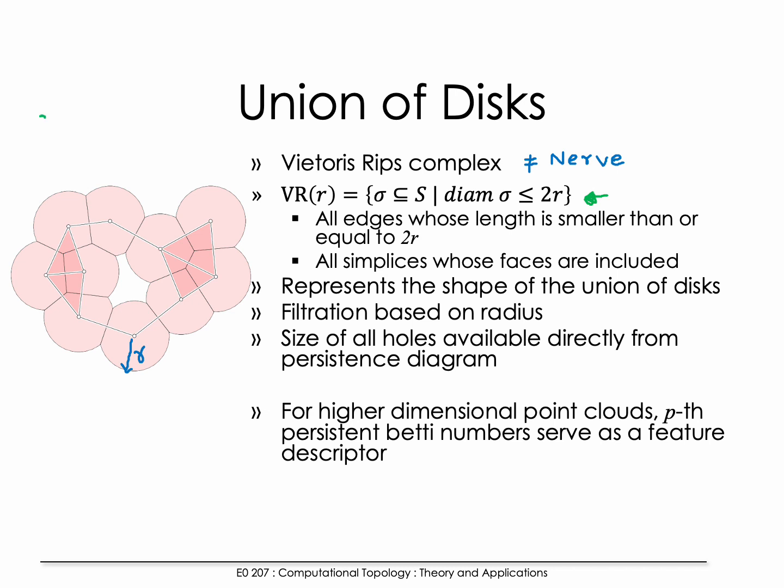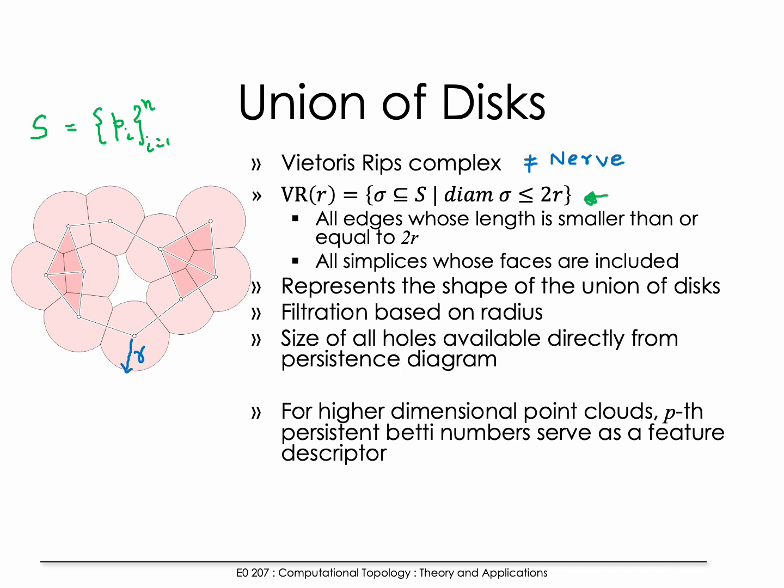So we are starting with S, a collection of points, and each subset corresponds to a simplex, sigma. So you collect all those sigma whose diameter is less than or equal to 2r, which means that the length of the longest edge in that simplex is less than or equal to 2r.